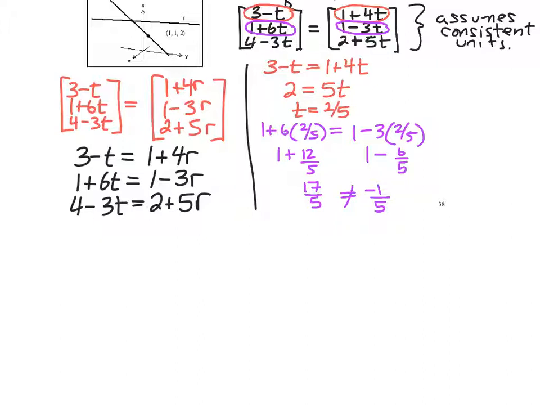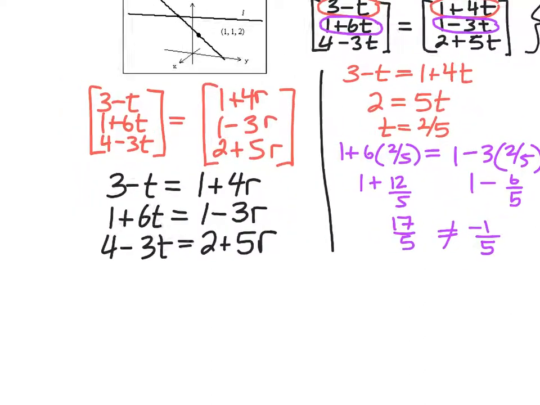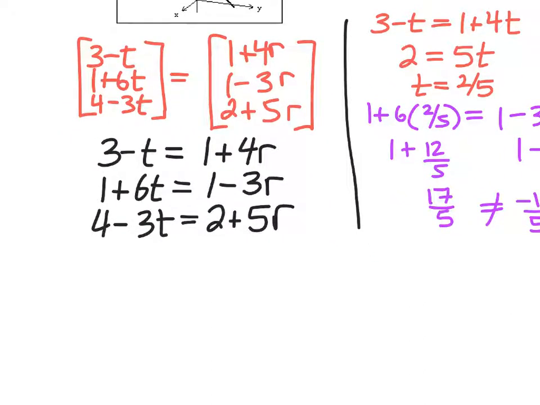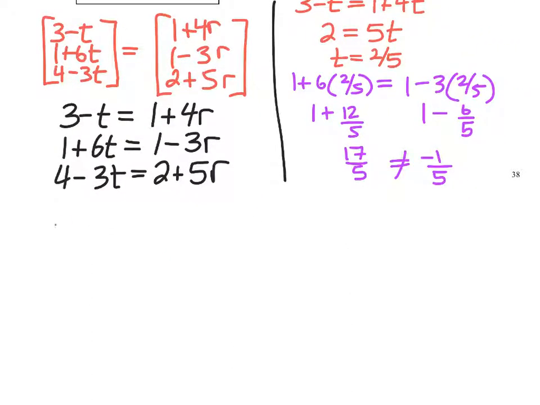All right, so we have 3 equations with 2 variables. So we're going to get a solution out of this. It may be one of those infinite solutions, a dependent situation, but we'll get something. So let me just move some things around. I'm going to bring the r's over to the left and constants over to the right. So we're looking at negative 4r minus t is equal to negative 2. 3r plus 6t is equal to 0.